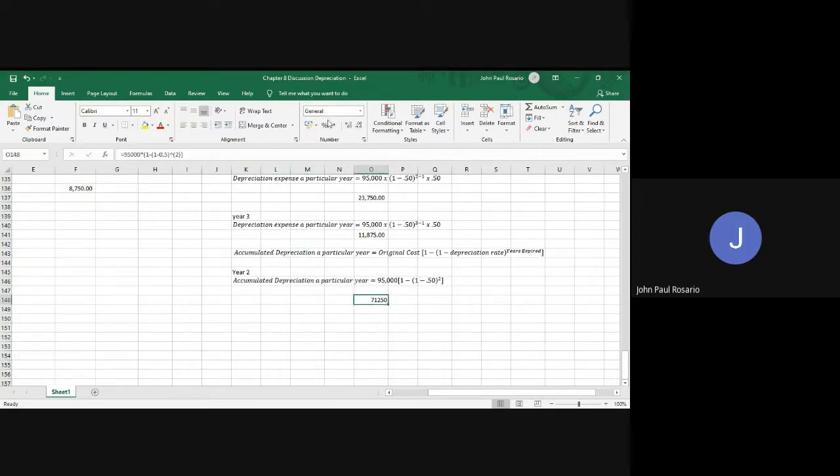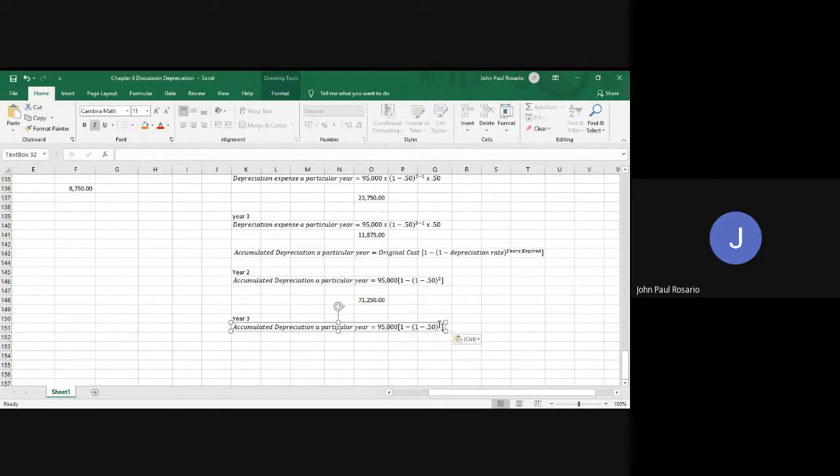And then on year 3, if we calculate this, we get 83,125.